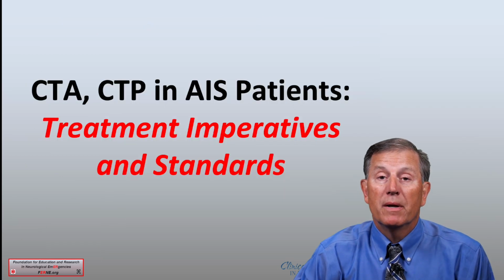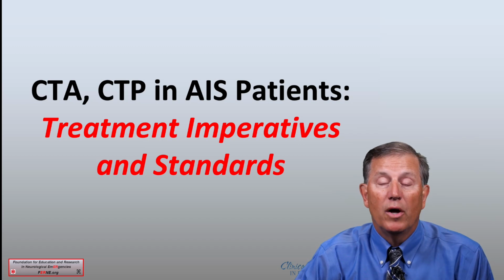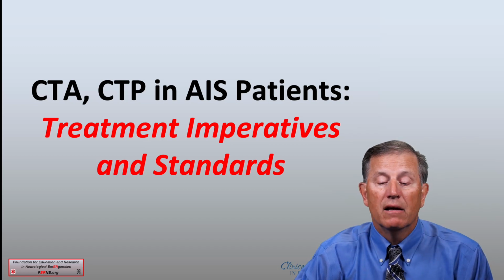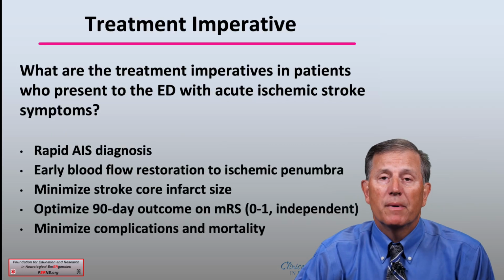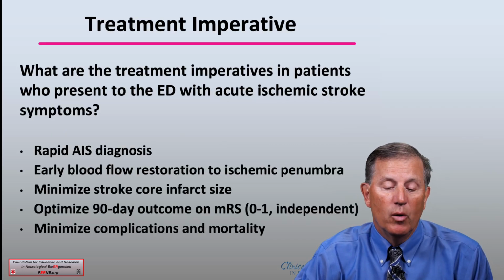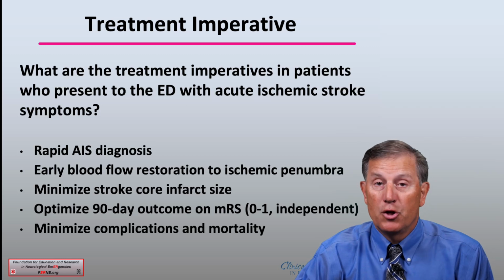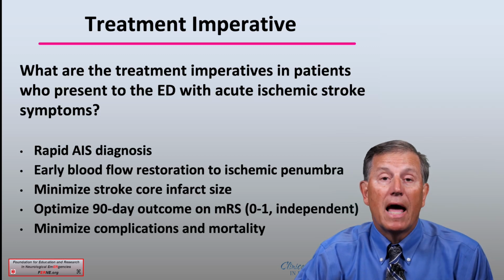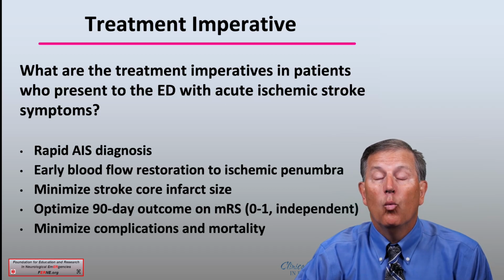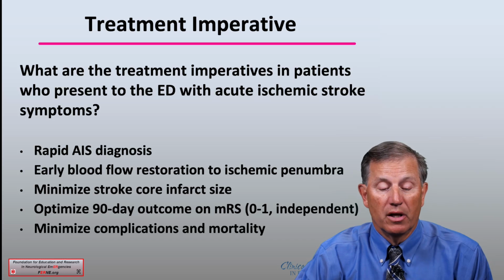So what are our treatment imperatives and standards when utilizing CT testing in stroke patients? We'd like to rapidly diagnose acute ischemic stroke. We'd like to establish early blood flow restoration to the ischemic penumbra, that area that will benefit from restored circulation.